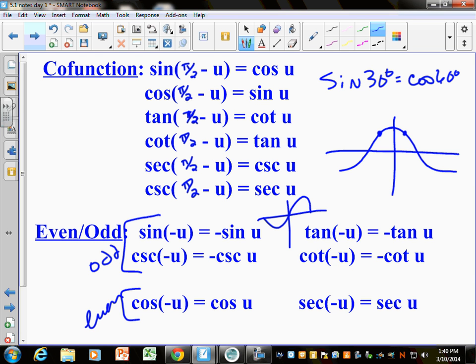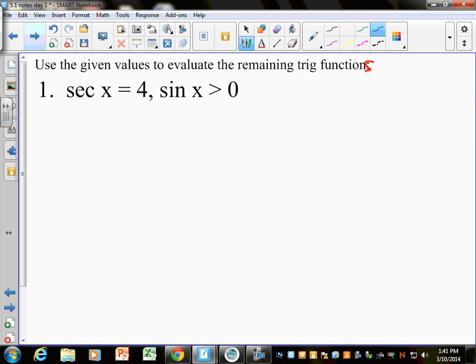All right, so the first part of your homework today isn't even really using this. It's just going back to the triangle stuff and just reminding you how to do that. So let's do one of those examples, and then we'll jump into the identity stuff. Everybody okay with that? So it says, use the given values to evaluate the remaining trig functions.